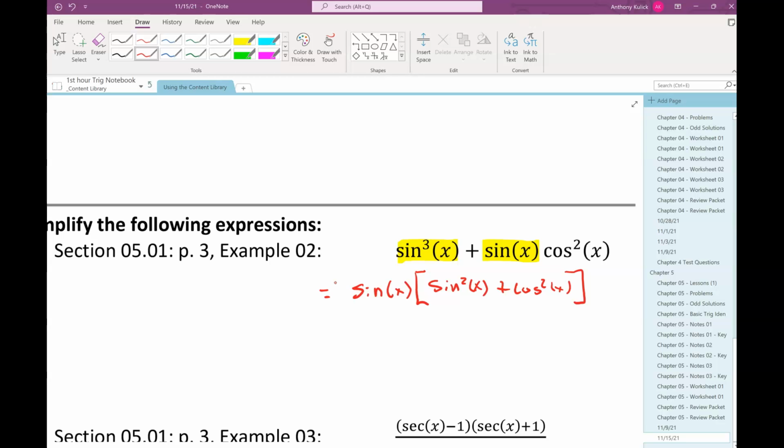So the Pythagorean identity, the first Pythagorean identity, says that sine squared plus cosine squared is equal to 1. So we have sine squared plus cosine squared. We can replace that then with 1.